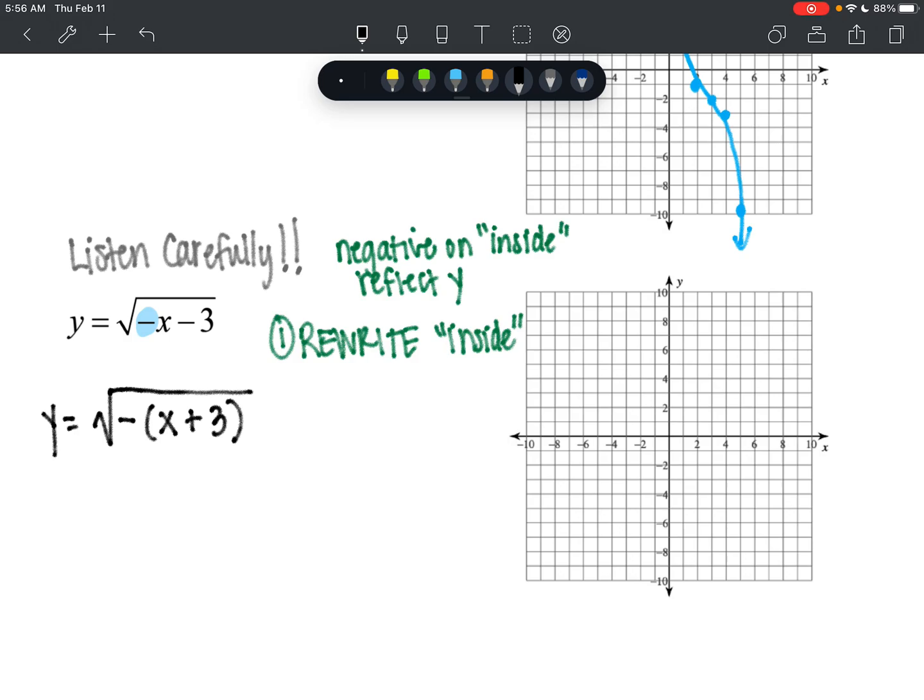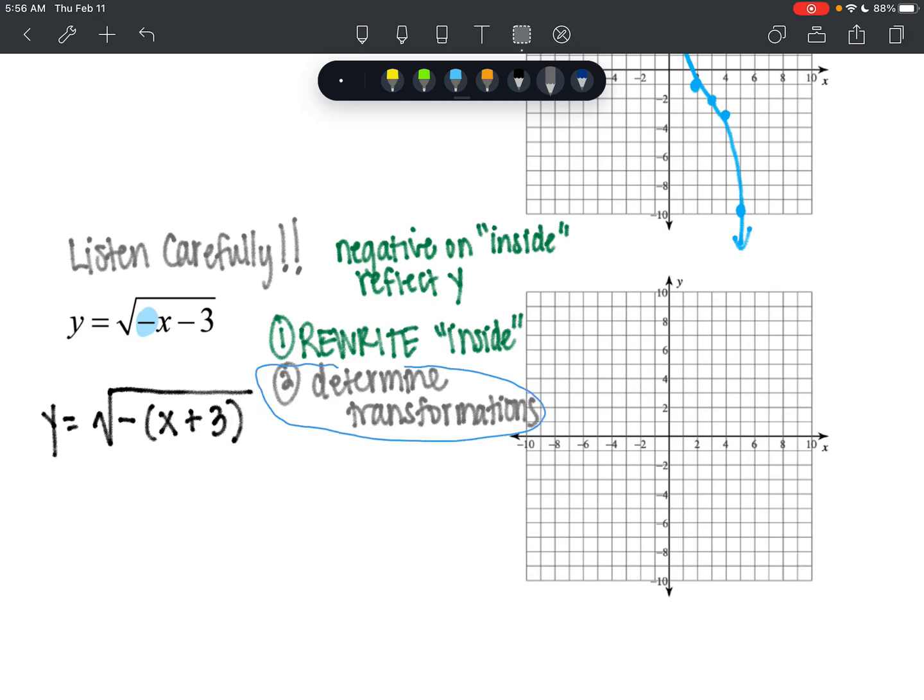Now that we've rewritten, we can determine our transformations. So whenever that negative is written on the inside, you have to do this first.